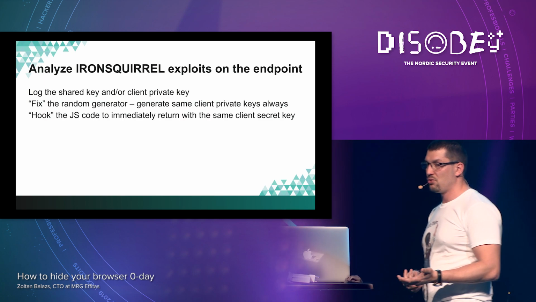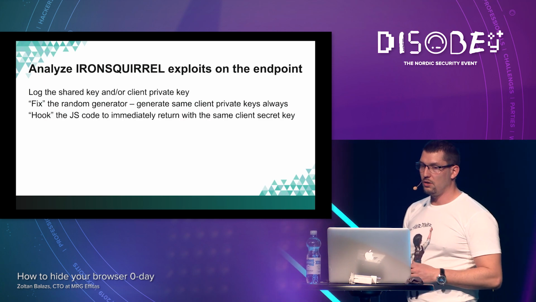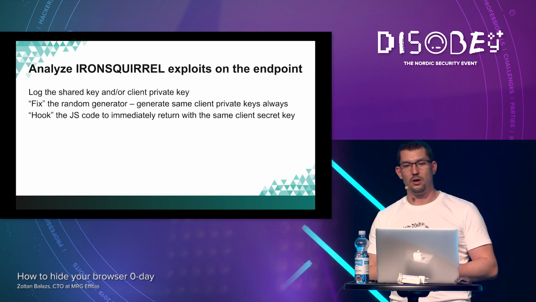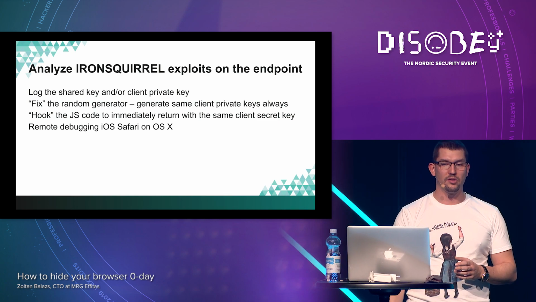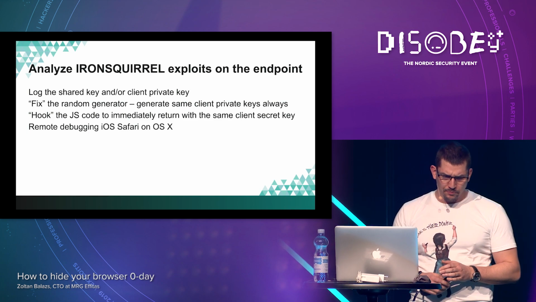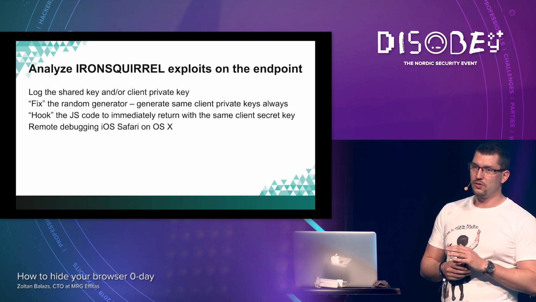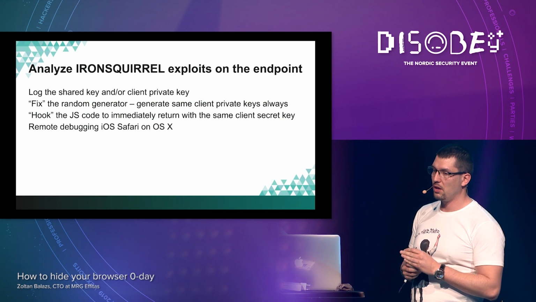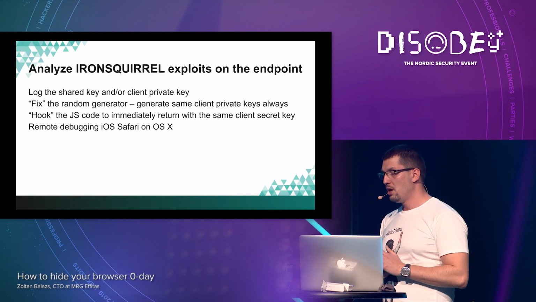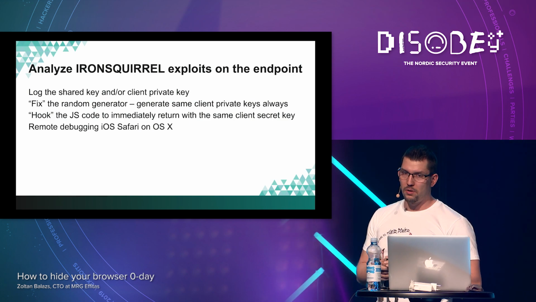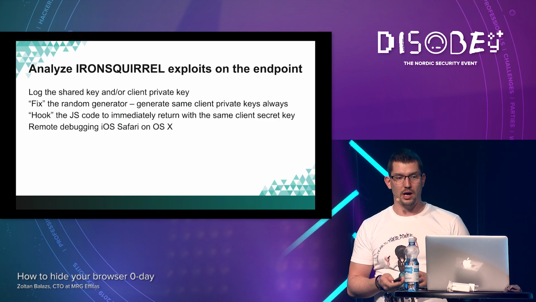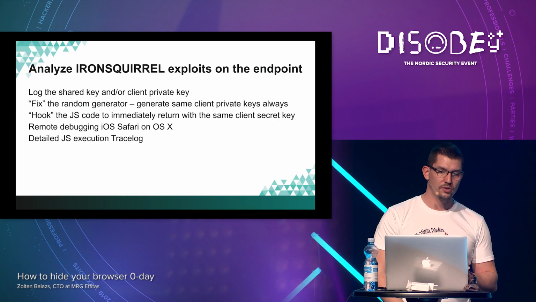You can also try to do that by hooking the JavaScript code, so it will return the same client secret key every time. There is also this tool called remote debugging on iOS Safari, which might help if you are analyzing iOS browser 0-days.